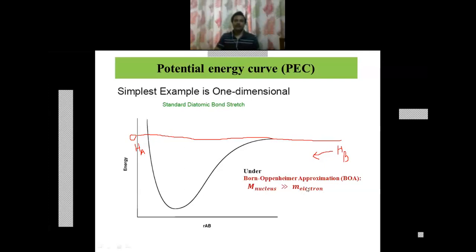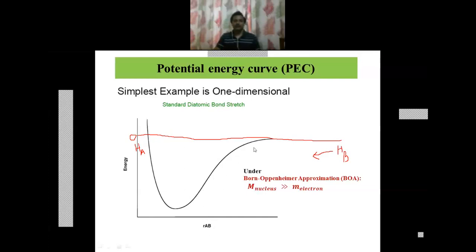Then parametrically, we froze this nuclear distance initially and solved the electronic part of the Schrodinger wave equation, and whatever energy we got, we plotted. That's the parametric dependence on R, right?